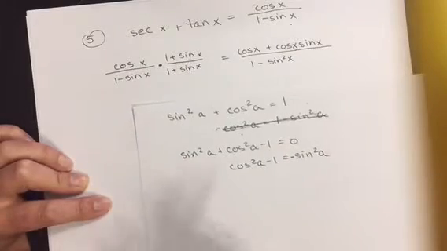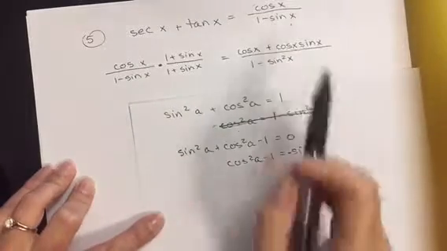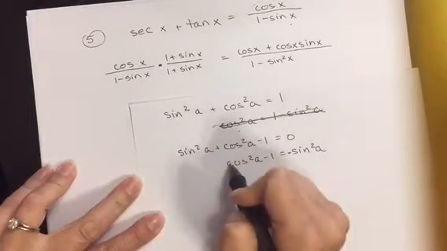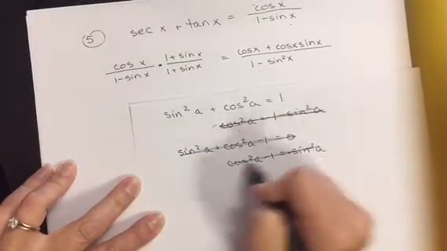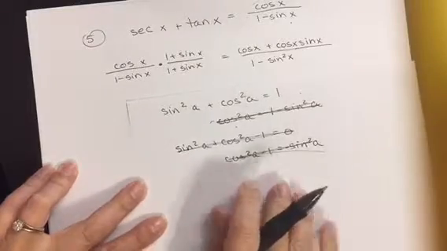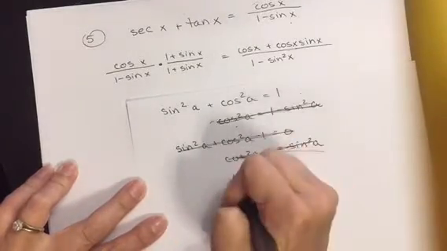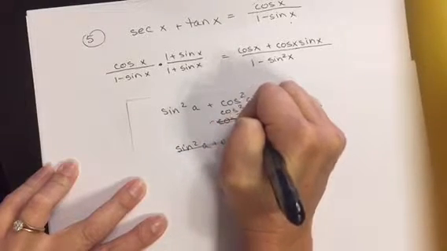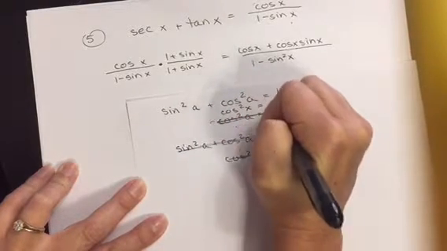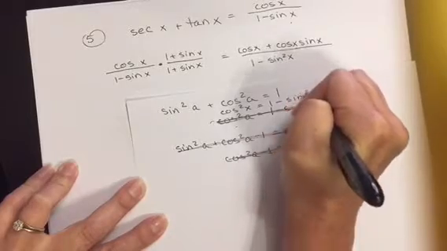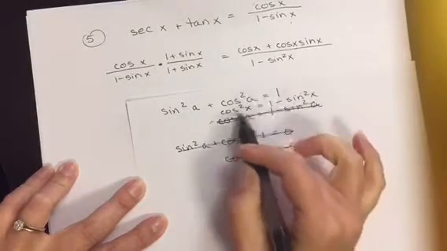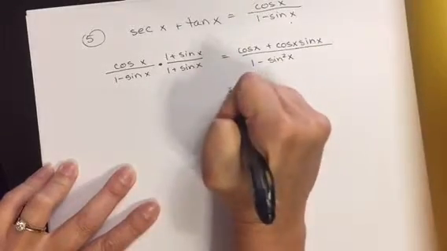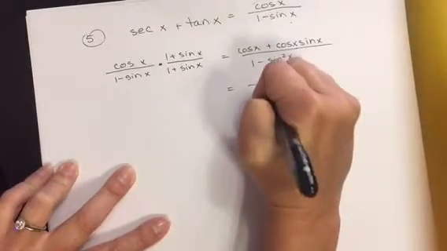All right, so when I'm looking at this, we've moved this around a bunch of times, so we don't need either of these two at this point, because what I need is the original one that I crossed out. So I'm going to rearrange, and this will be cosine squared x equals 1 minus sine squared x. So I'm going to plug in cosine squared x for my 1 minus sine squared x.